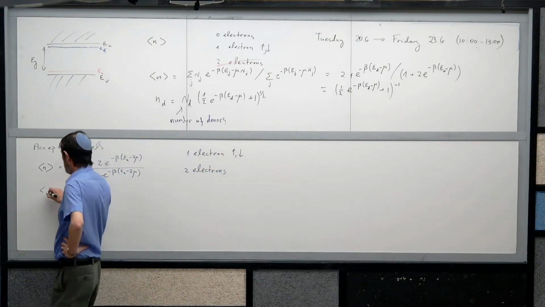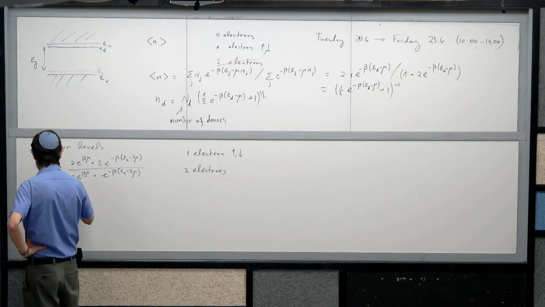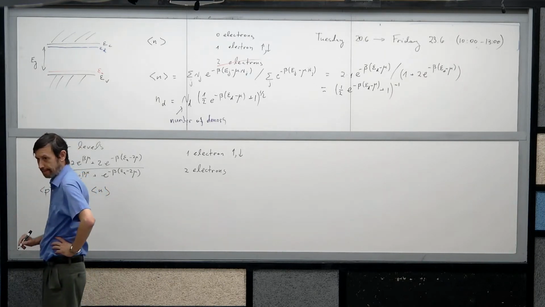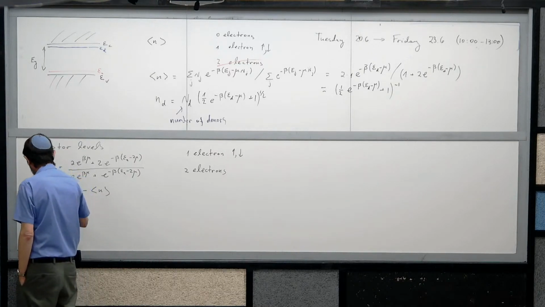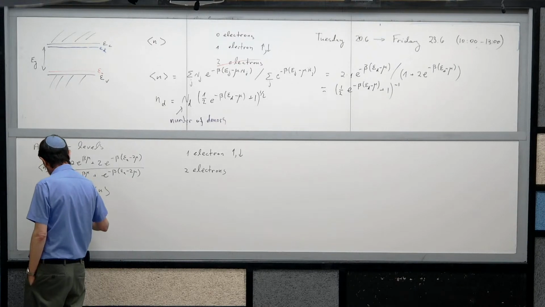Okay, so now I'll translate it to holes. That will be 2 minus n. And doing the arithmetics, I'll end up with PA equal NA.